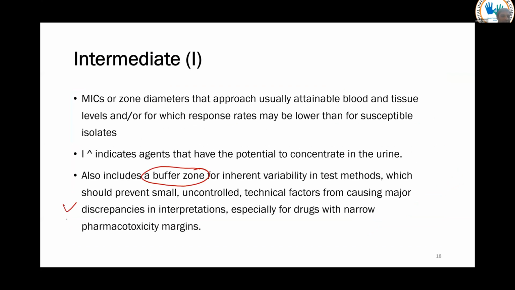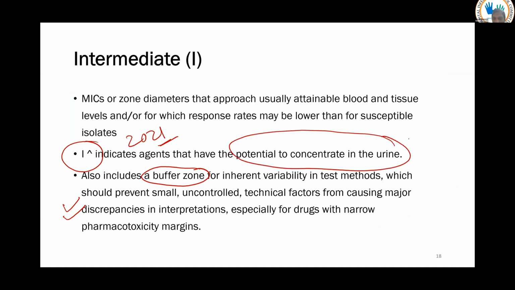It may represent a buffer zone to represent a technical error. And the I caret sign was introduced in 2021, to say that those drugs which are potentially concentrated in urine are given the I caret sign, and these drugs may work even if you give a standard dose.